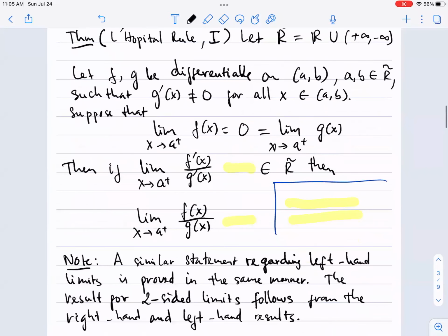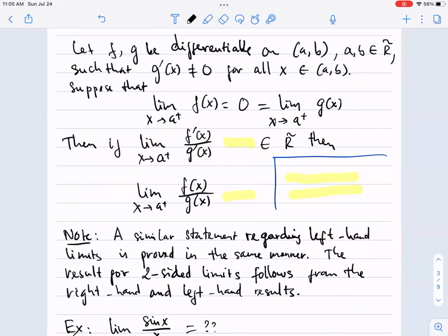Now suppose that the limit as x approaches a from the right of f of x equals 0, and the limit as x approaches a from the right of g of x is also equal to 0.